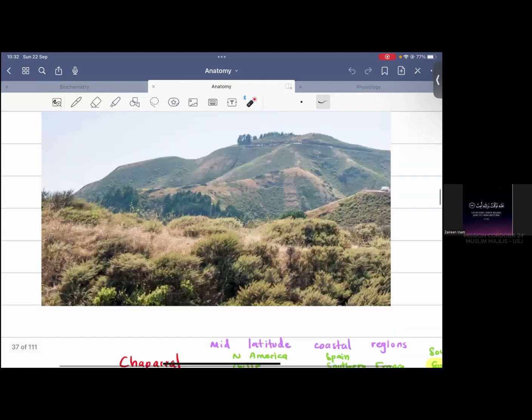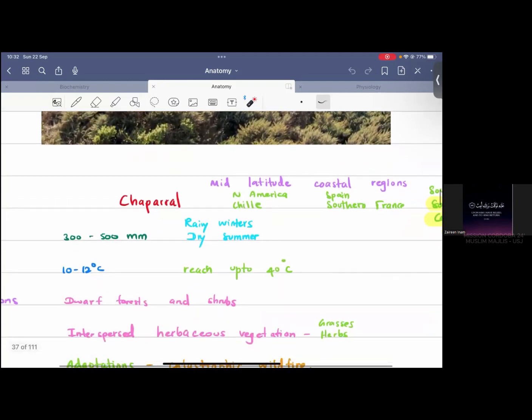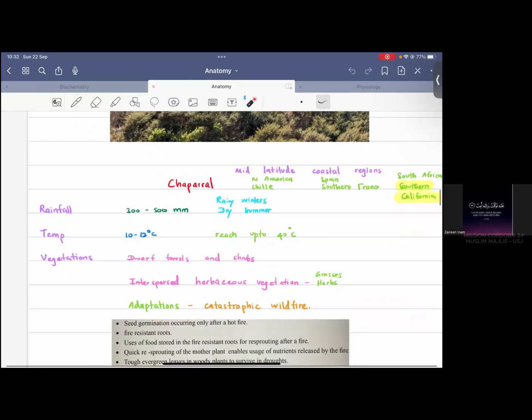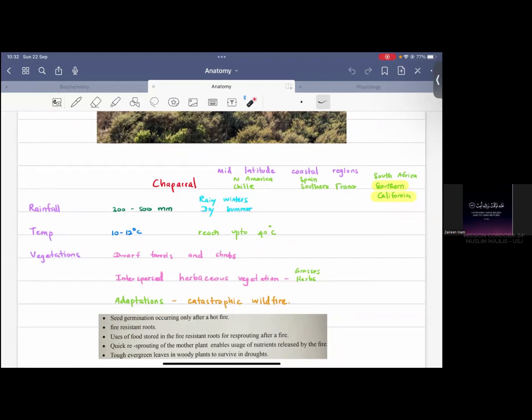The distribution is in the mid-latitude coastal regions, such as North America, Chile, Spain, Southern France, and South Africa. It is also developed in Southern California. Obviously, you have to remember at least 2 or 3 of them. Okay, North America, Spain, South Africa, Southern France, Chile, and Southern California.